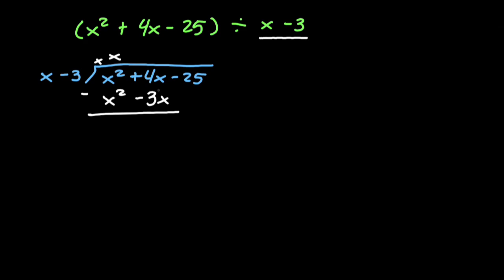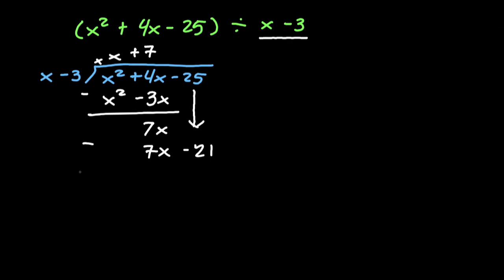So no need to put it. And 4 minus negative 3 would be 7x. And now 7x divided by x would be 7. And 7 multiplied by x would be 7x. 7 multiplied by negative 3 would be negative 21.